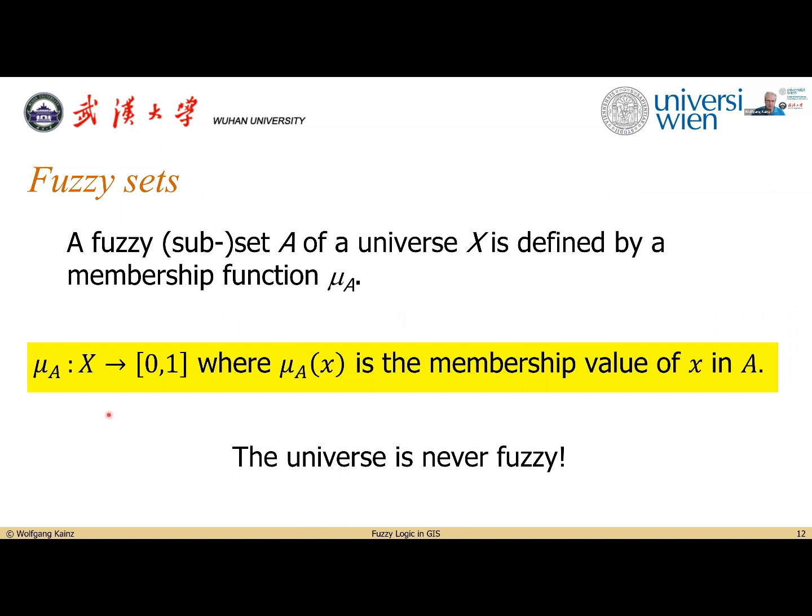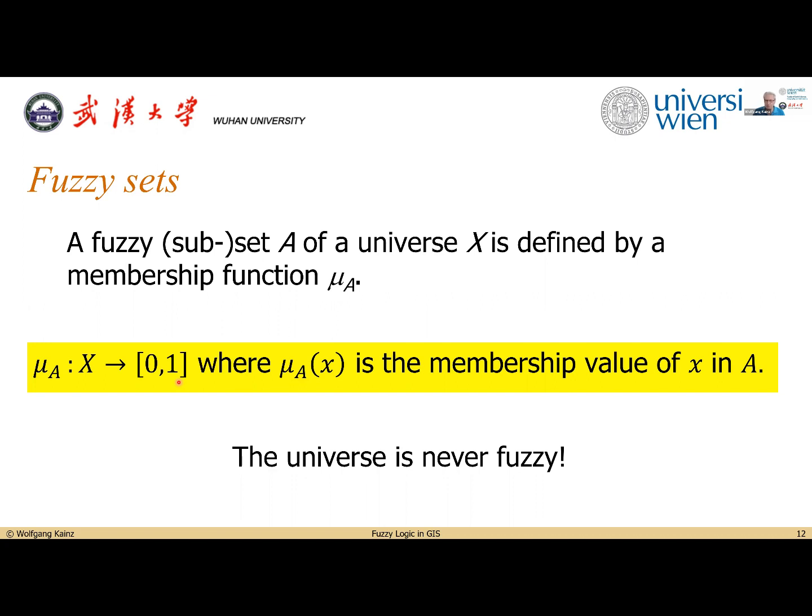The membership function is defined as a function that gives us values between 0 and 1, so in the interval of 0 and 1. And the function is defined according to the class that we want to model.